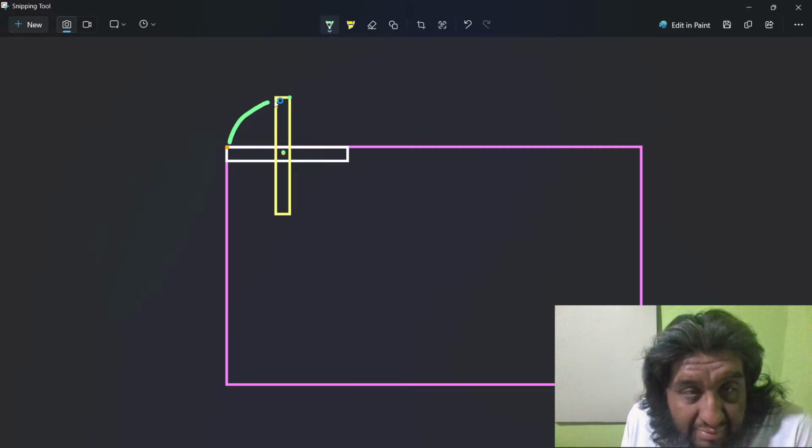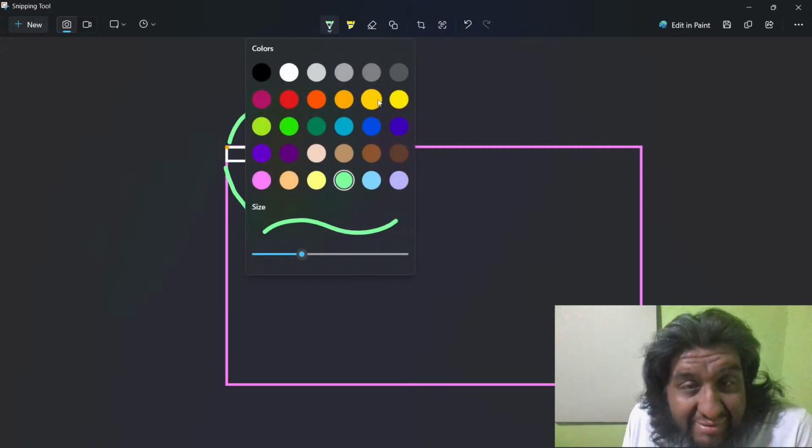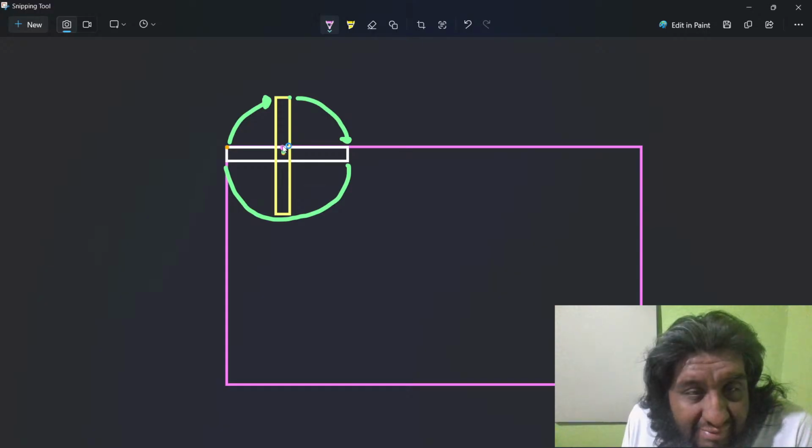Maybe we want to also explore this circle. There is a circle with radius. Maybe we want to explore that idea. There's a radius.